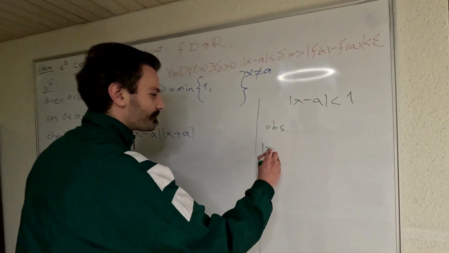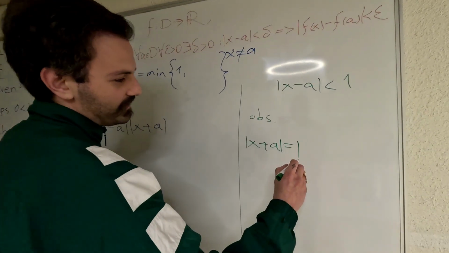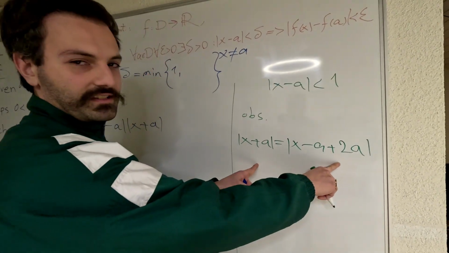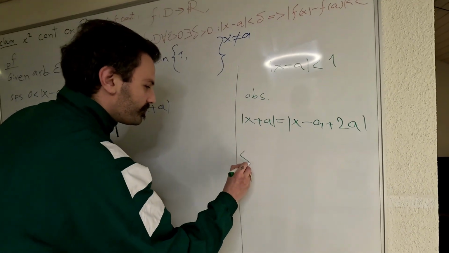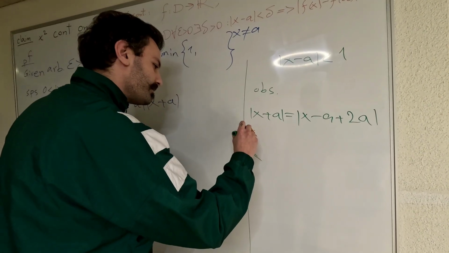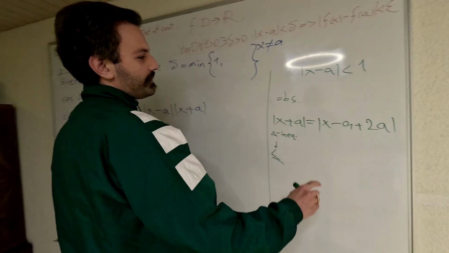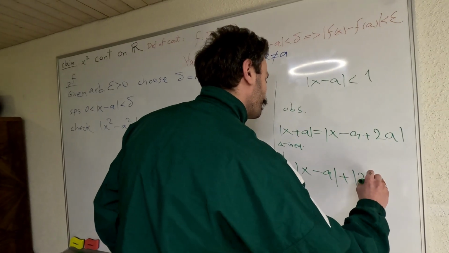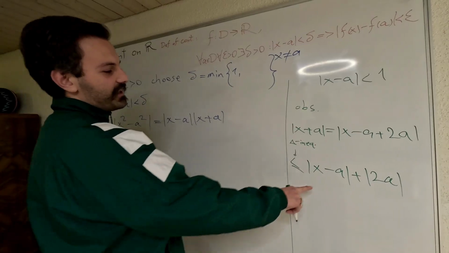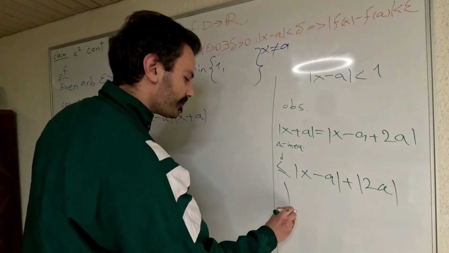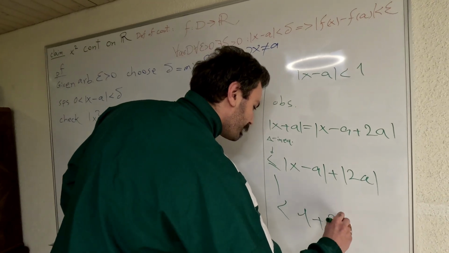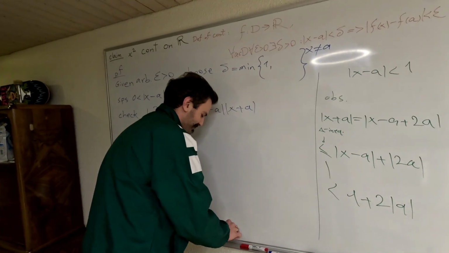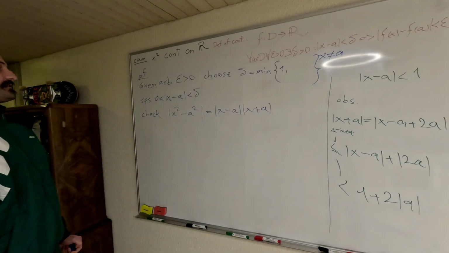And if I write the absolute value of x plus a as the absolute value of x minus a plus 2a, then by the triangle inequality we can write that as at most the absolute value of x minus a plus the absolute value of 2 times a, and we know that this is strictly less than 1 plus 2 times the absolute value of a, and so we found an expression for x plus a as well as for x minus a.